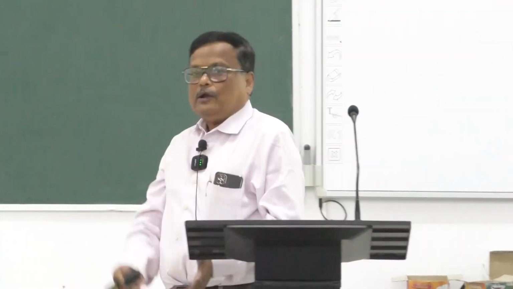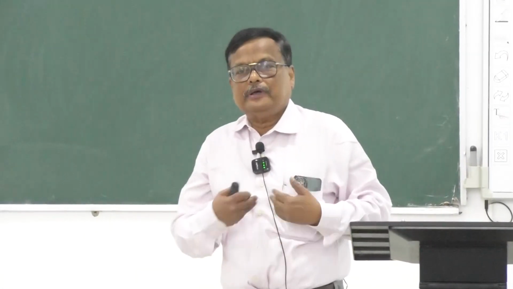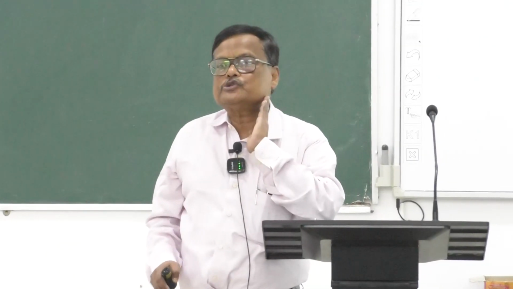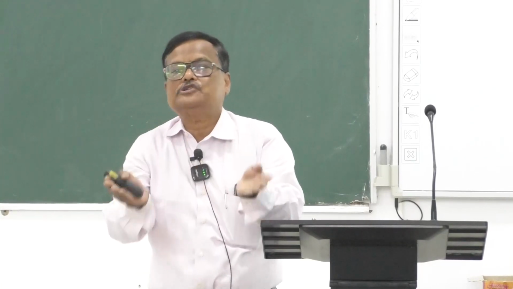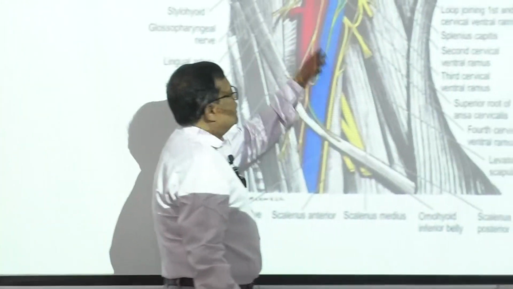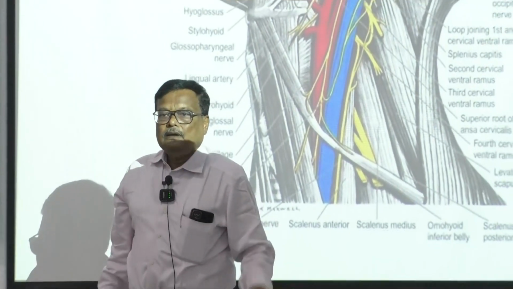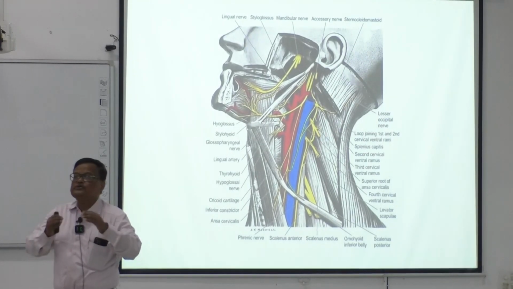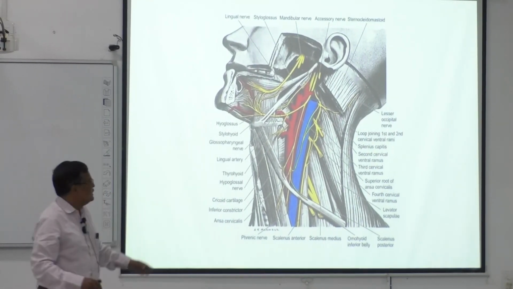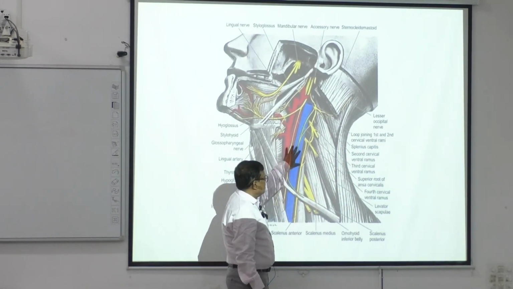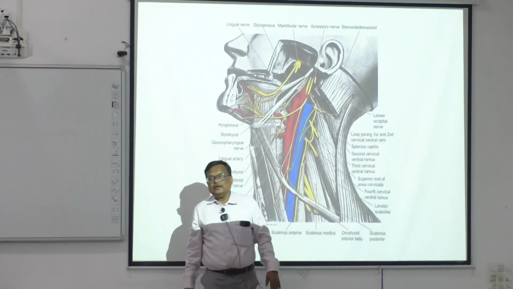Just as when you open the abdomen, the greater omentum covers the transverse colon completely, similarly sternocleidomastoid and trapezius almost cover all the structures of the neck. Among them the deep relations of the sternocleidomastoid are important. In this picture, if you remove the sternocleidomastoid and throw it away, what remains as the deep relations?